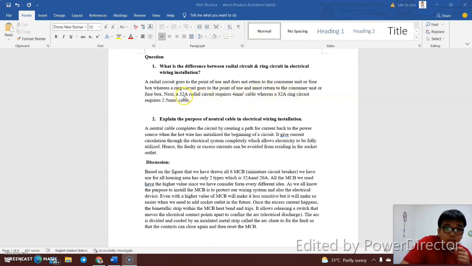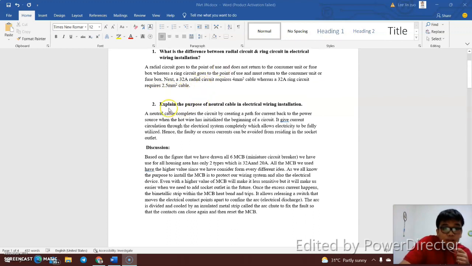Next, a 32 ampere radial circuit requires a 4mm square cable, whereas a 32 ampere ring circuit only requires 2.5mm square cables.